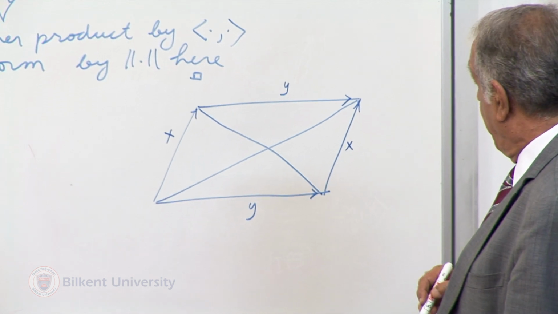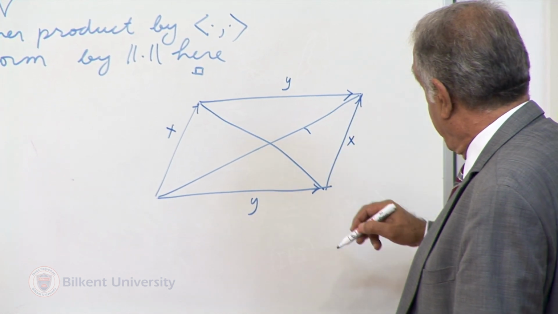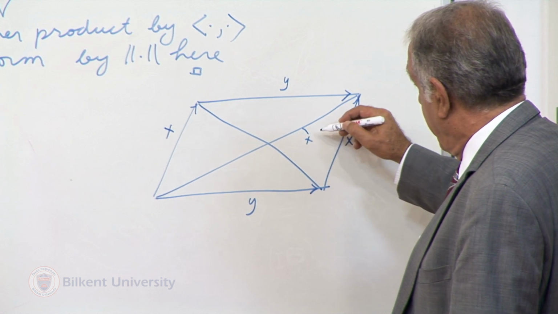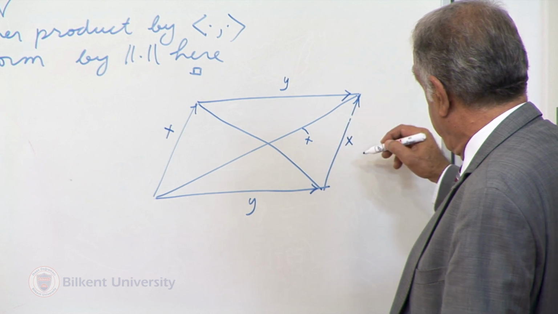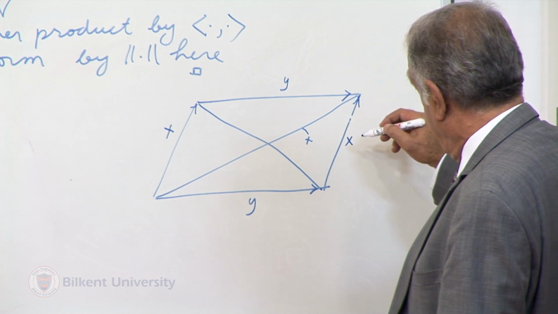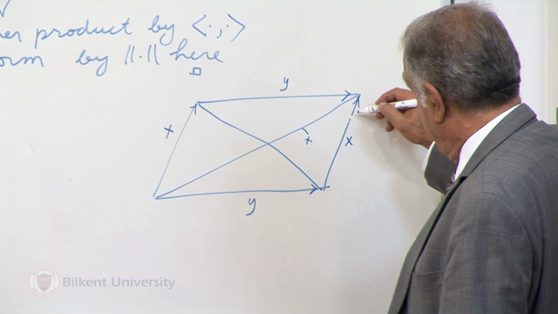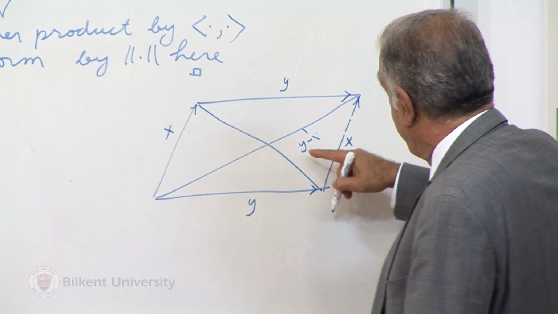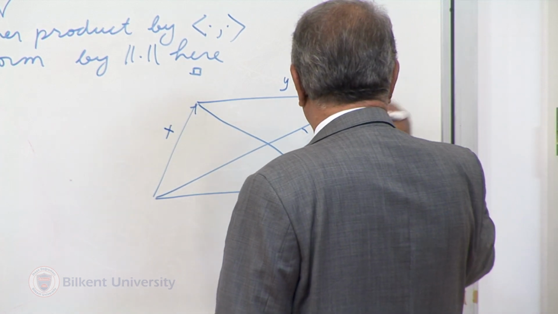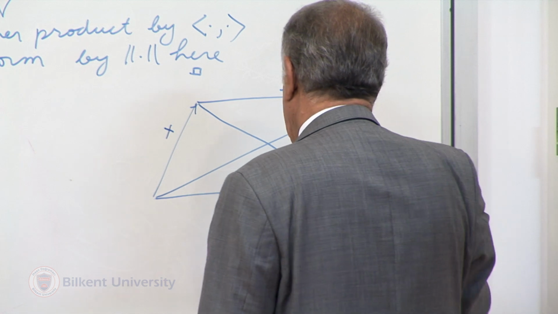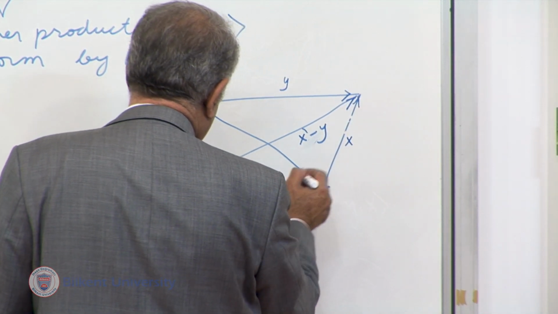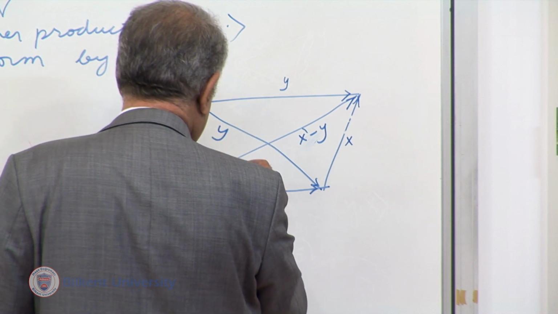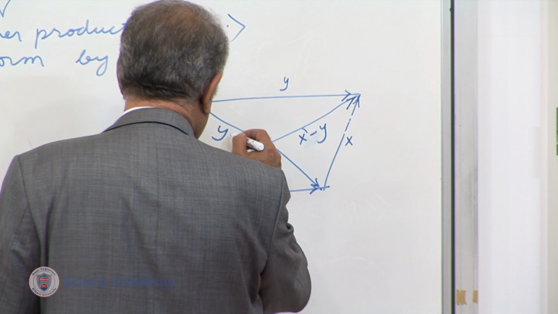Now, what will this diagonal be? That will be x minus y. And this diagonal will be y minus x. Now let me write it like this. Then it will be x minus y, and this diagonal, that will be y minus x.